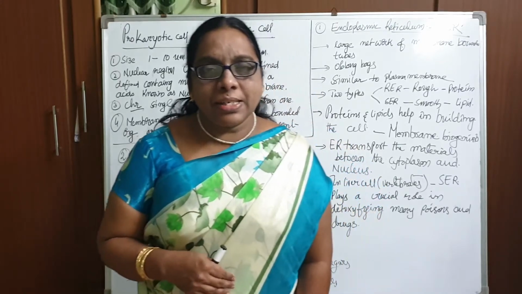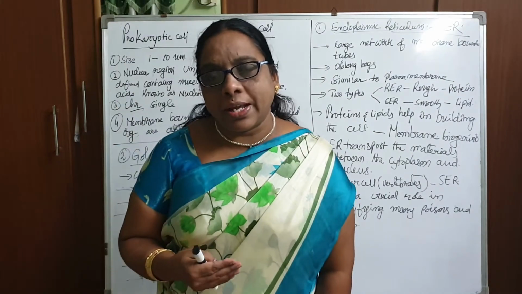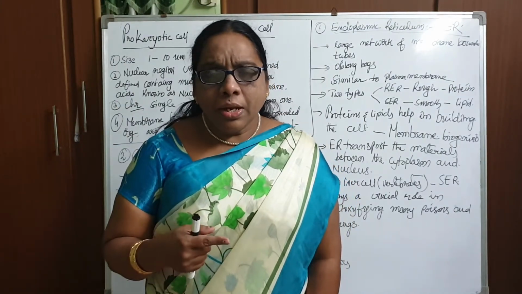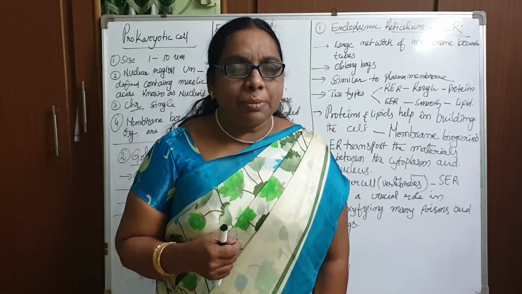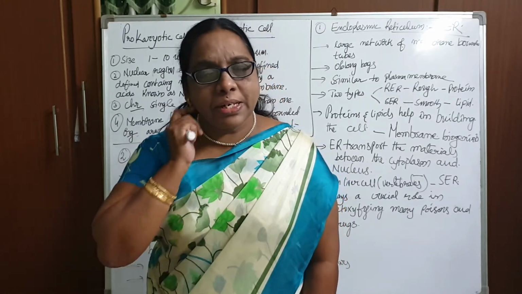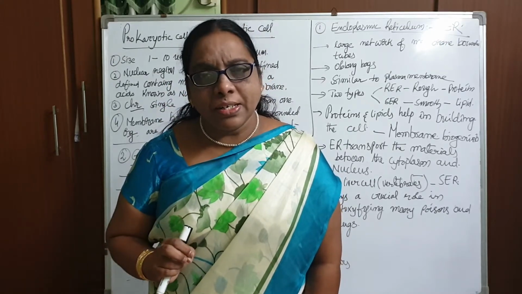So in today's class, let me explain about other organelles. The prominent organelles we studied: one is the plasma membrane, the second is the cell wall, and the third is the nucleus.